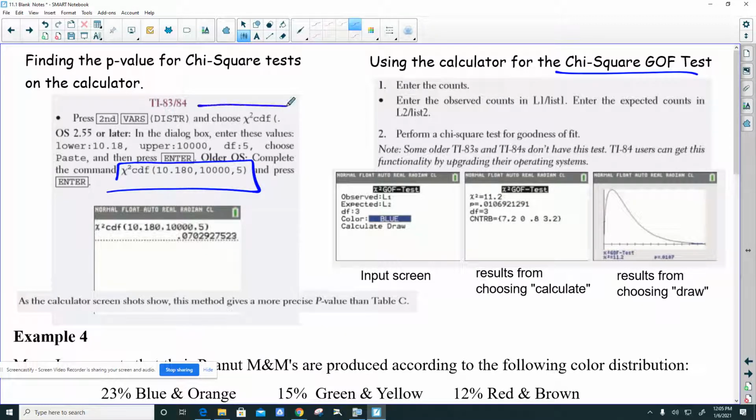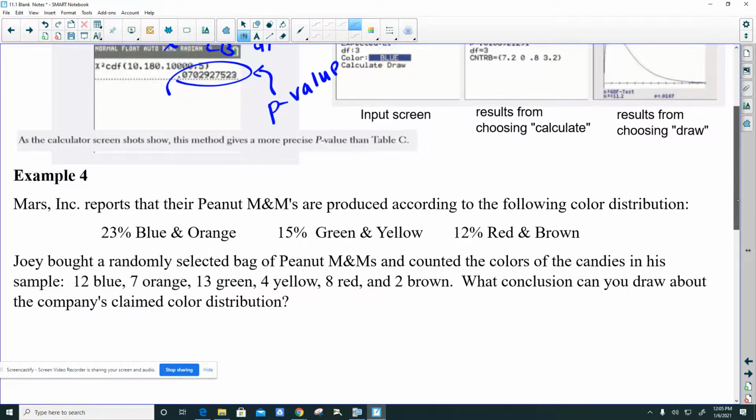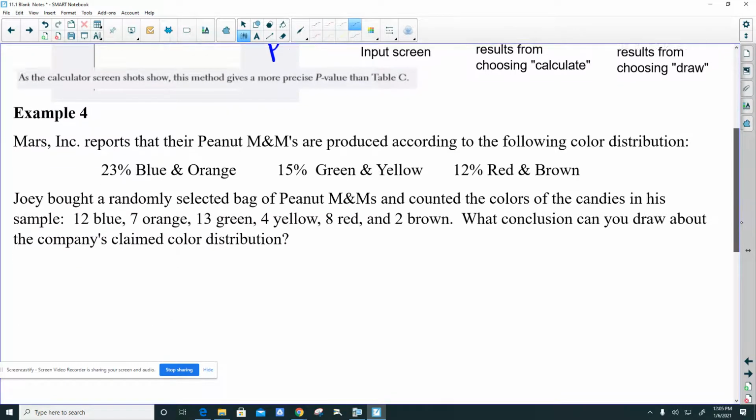Remember, your chi-squared curves are always skewed to the right, so your chi-squared value is always the lower bound, and your 10,000 should always be the upper bound, and then your third input is just the degrees of freedom. That will give you the p-value. I would think most people would just run the goodness of fit test straight from the calculator, but that does give you the p-value as well.